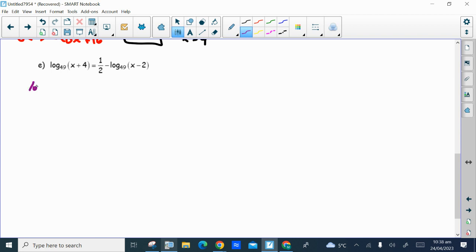I would combine the logs like we have been doing by adding both sides to both sides. And then we can use the law of logs to combine those two expressions. Because they're being added, that is the product law.